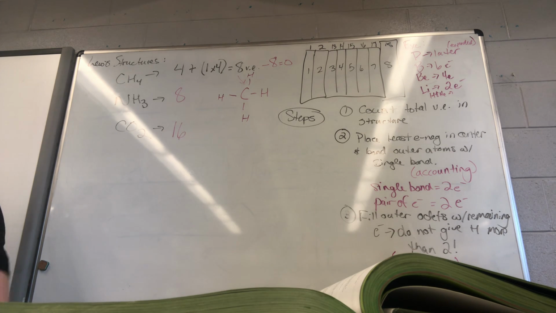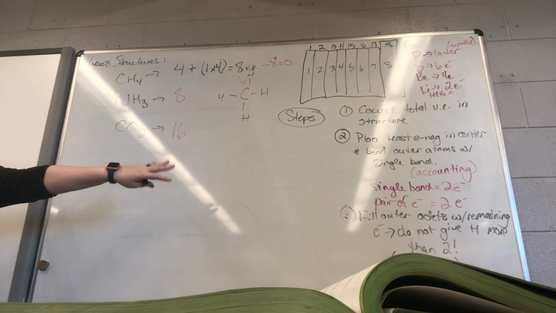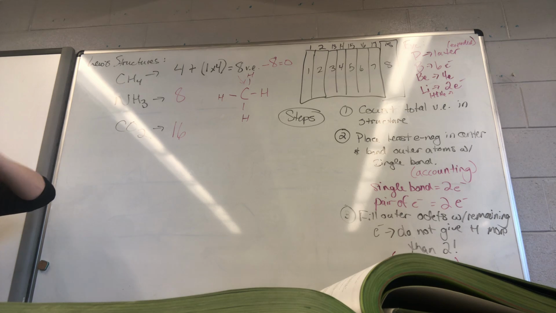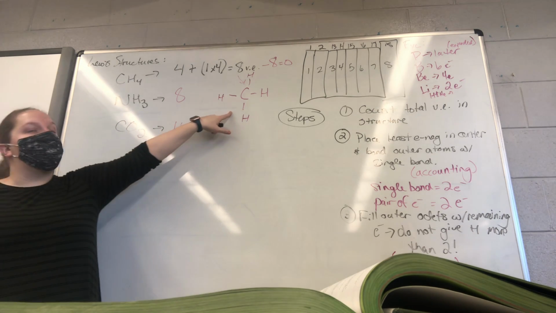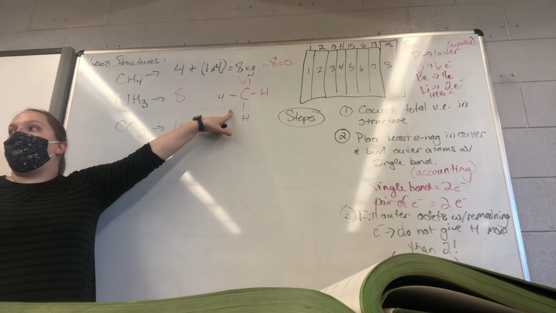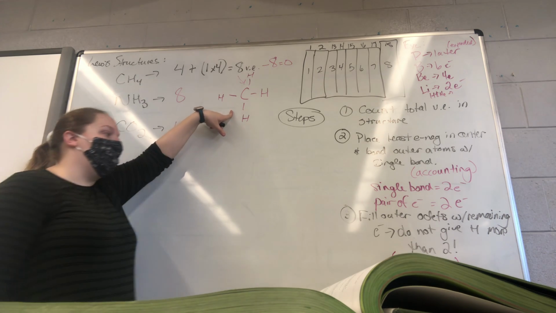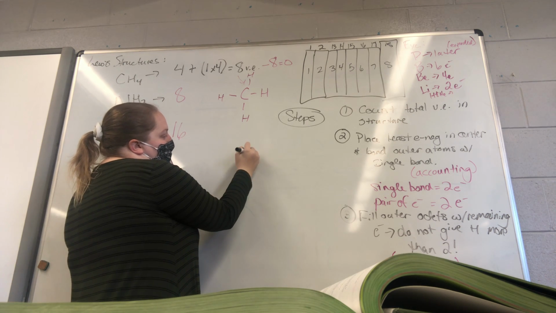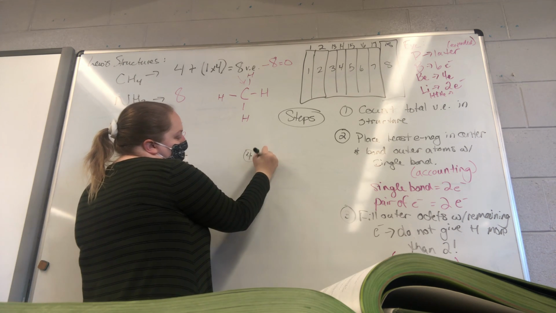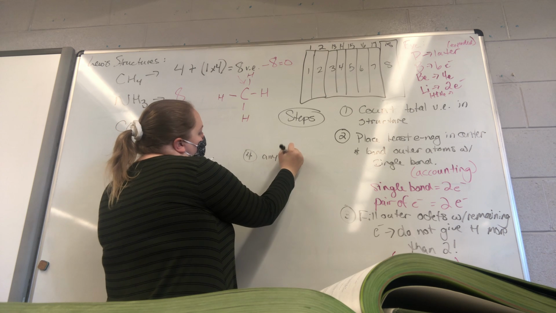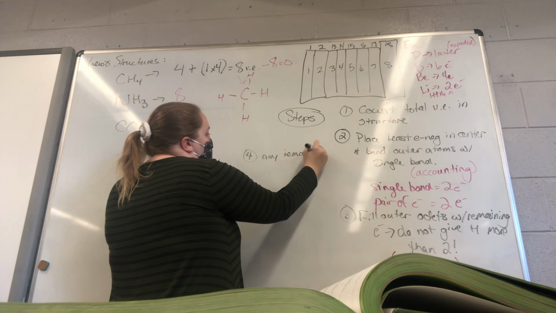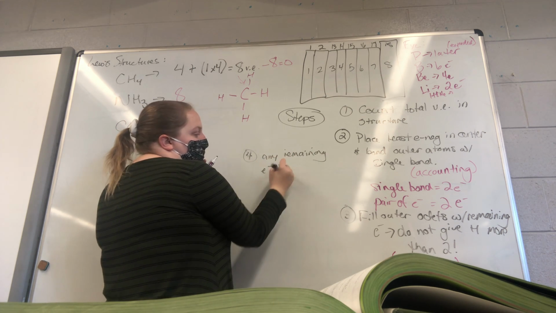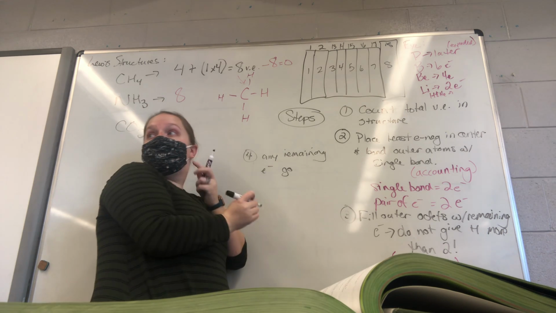So the second one says to fill the remaining octets or outer octets with electrons. Don't give your hydrogen any more than 2. So is our carbon hydrogen structure good? Yeah. Okay, what else are we checking for? After step 3, any remaining electrons go where? Anybody remember?